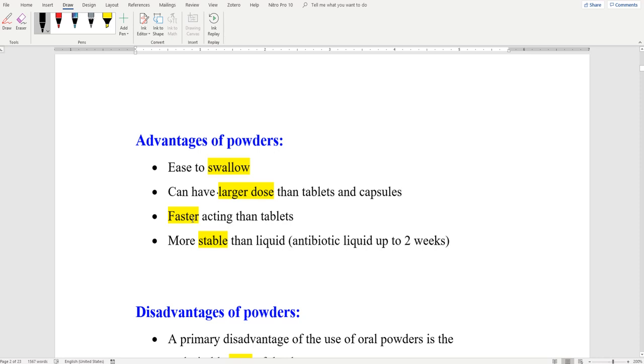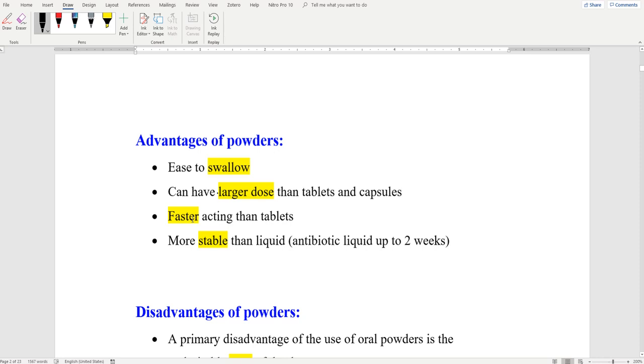But in any case, why is this happening? Amoxicillin is known to undergo hydrolysis in water. So if the company wants to prepare amoxicillin as a liquid preparation, then it will expire very quickly.